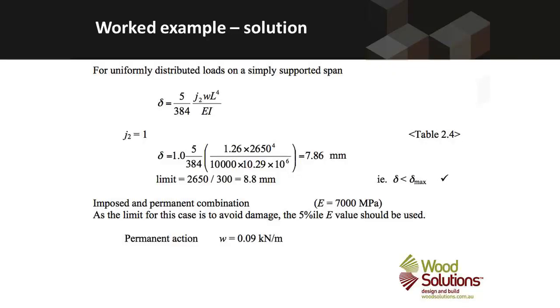So we're using J2 equals 1, and then we're applying the normal elastic deflection equation for a uniformly distributed load over a simply supported span, using 10,000 as the modulus of elasticity. We find that the deflection is 7.86 millimetres, which is less than our limiting deflection, which was span divided by 300. So that joist satisfies that particular load case.